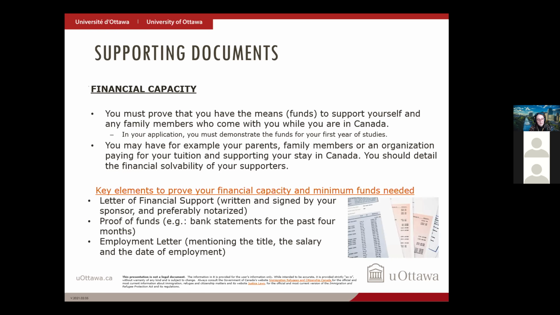Proof of funds, bank statements, usually at least for the past 4 months, but check your visa office instructions again. Some visa offices require the past 6 months, and some also require tax records for certain years. So definitely check your visa office instructions. And then, like I said, an employment letter can be helpful as well.